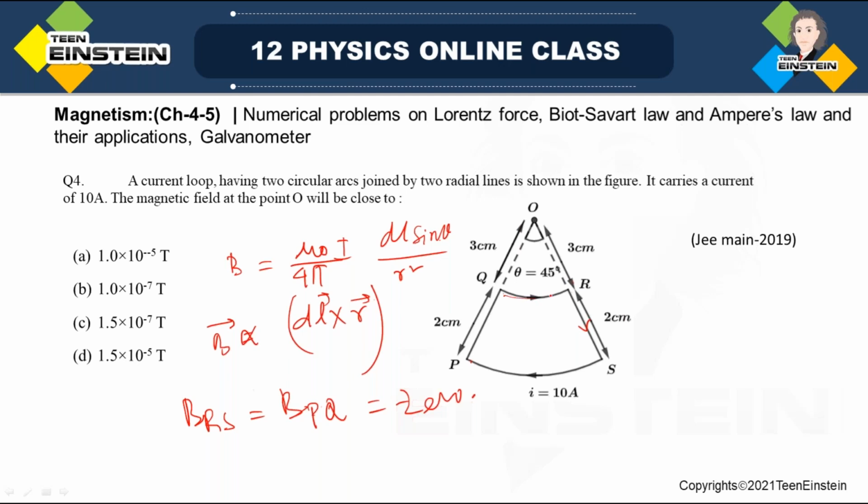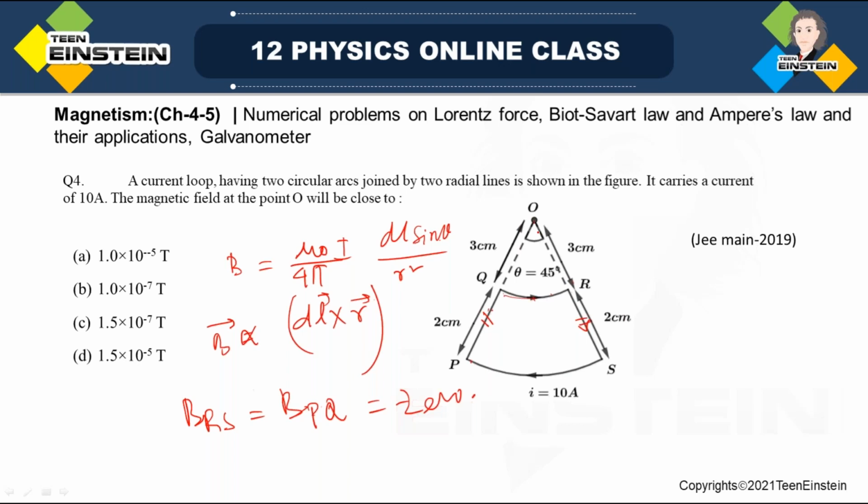So dl cross r, due to these two, the contribution will be 0. Contribution for these straight portions will be 0 because they make angle 0 with this point O. So that's why the magnetic field due to these straight portions is 0.